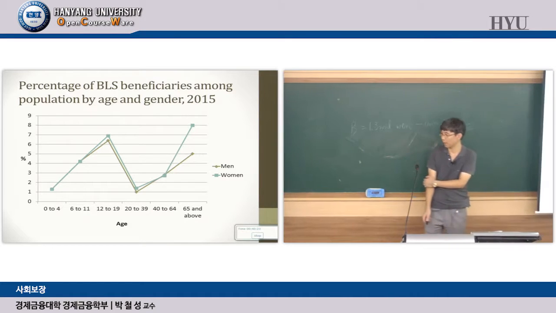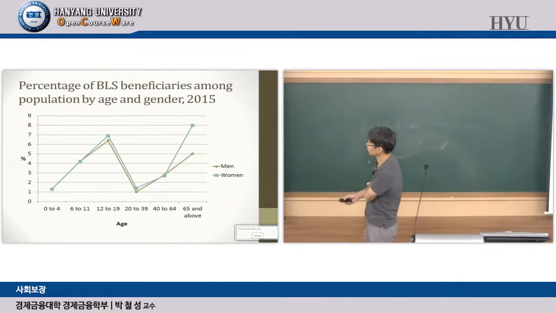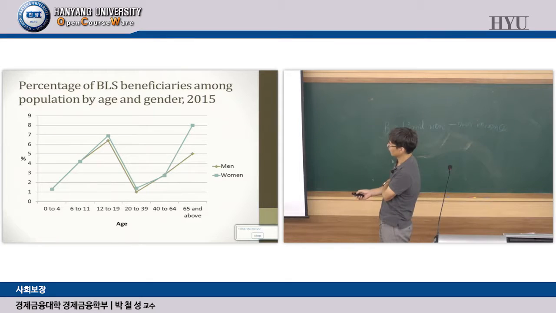Okay, now by age and gender. The first thing is that it's very low for babies, and it goes up, it's higher for ages 6 to 11 and 12 to 19. It's because the eligibility condition for the education allowance has been relaxed a lot.